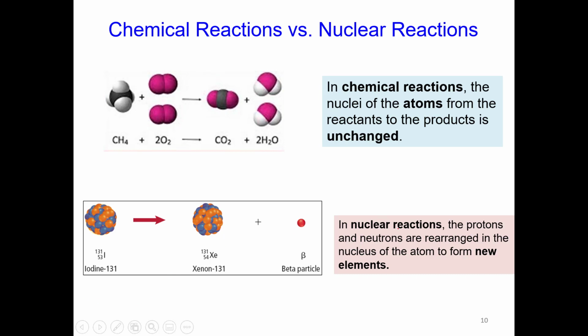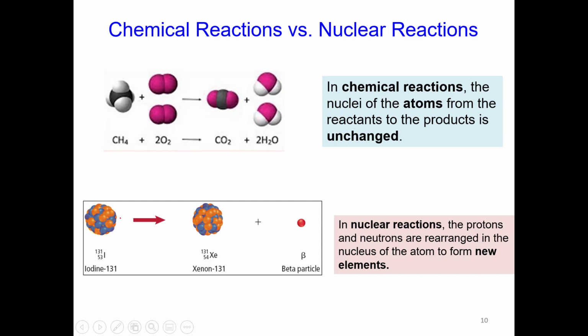But in the case of nuclear reactions, the protons and the neutrons are rearranged in the nucleus, and in the products we will have a new element.